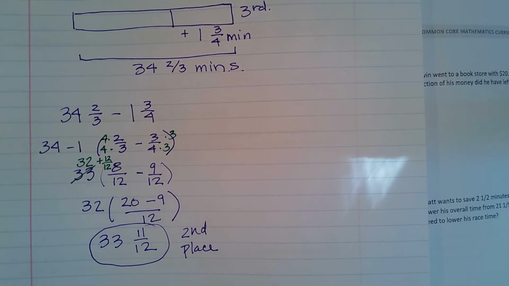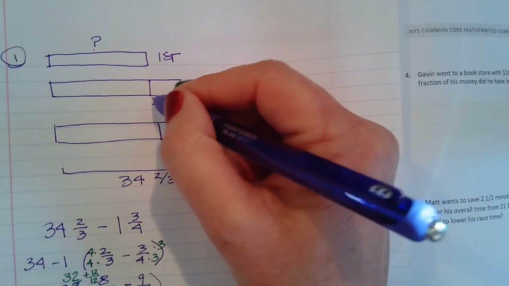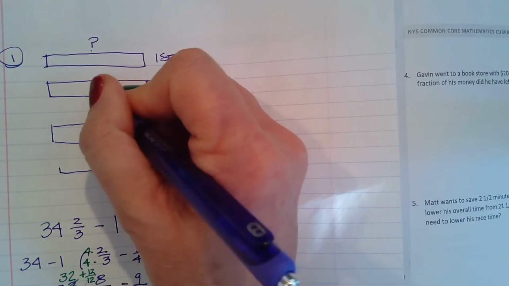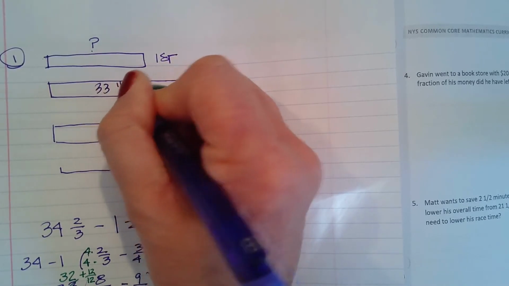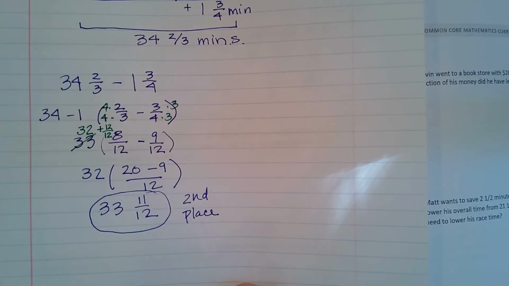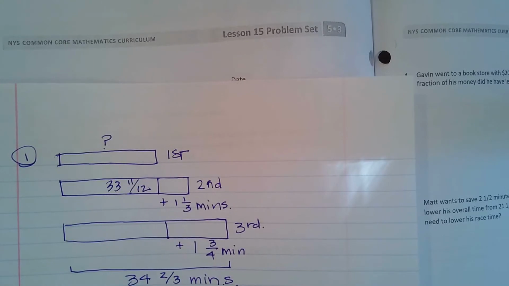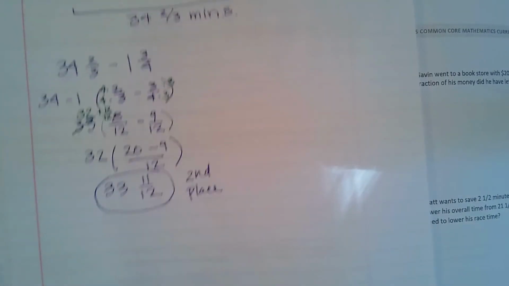Now let's find the winner's time. So what's that subtraction sentence going to be? So now we have the second place finisher's time. It is 33 and 11/12 minutes. That's what we just solved for. Now we're moving back again, and we now need to find the first place finisher's time. So what's our subtraction sentence going to be now?